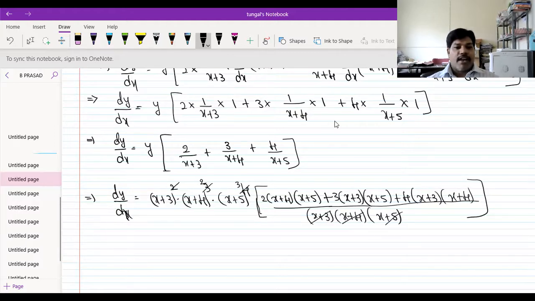So okay, what are the values? It will become that dy by dx is equal to, what happens here? It will become x plus 3 into x plus 4 into x plus 5.